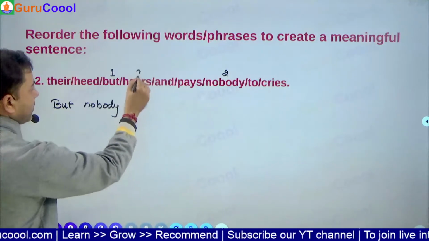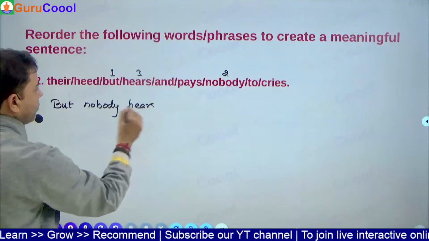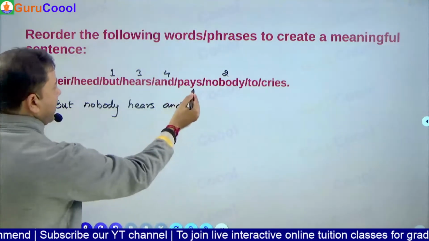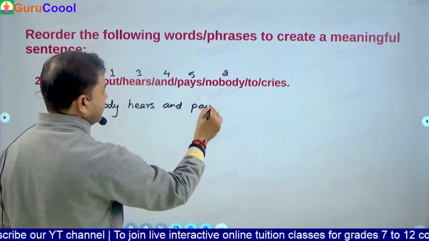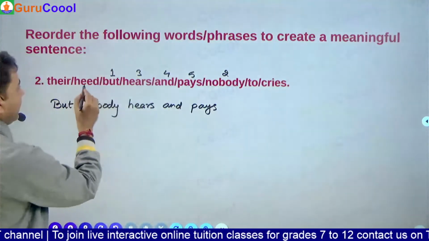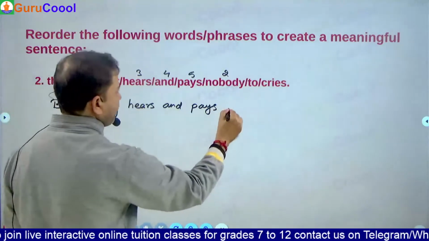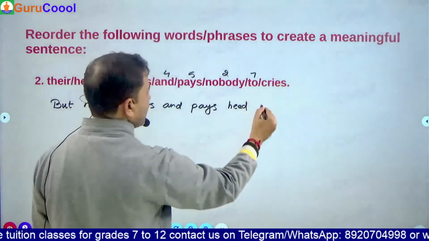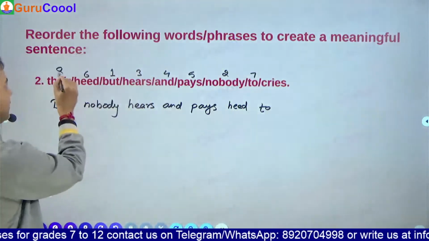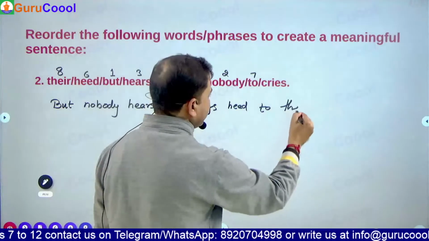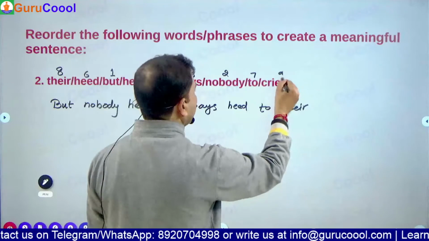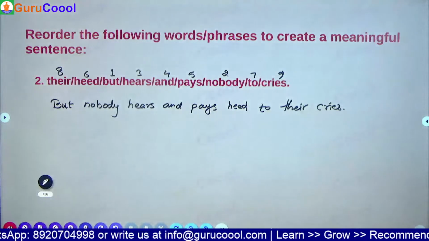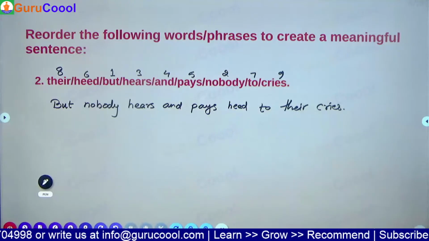At third position, hears. At fourth position, and. Number 5, pays. At number 6, heed. Number 7, to. Number 8, their. And then at last, cries. But nobody hears and pays heed to their cries.